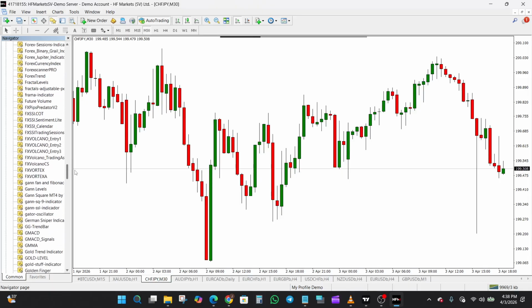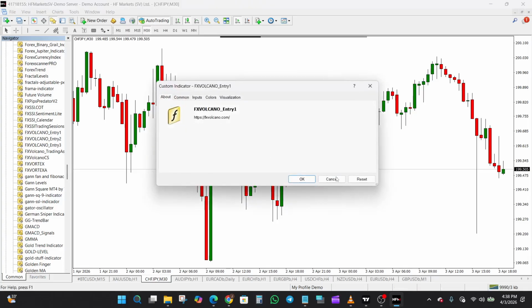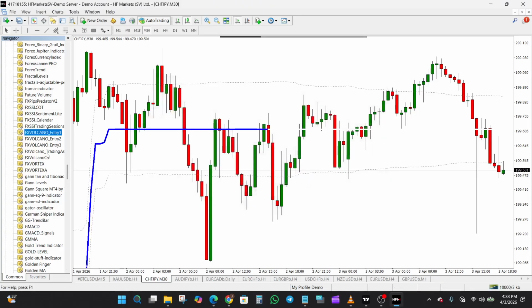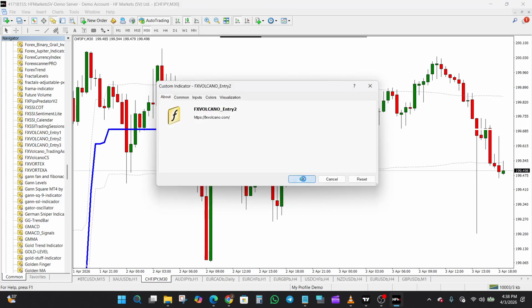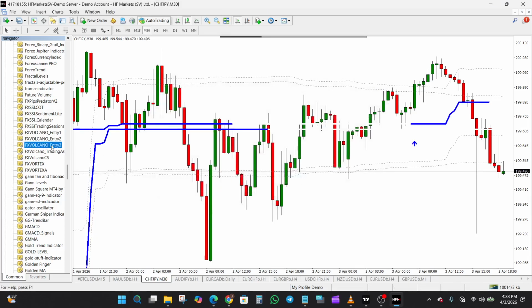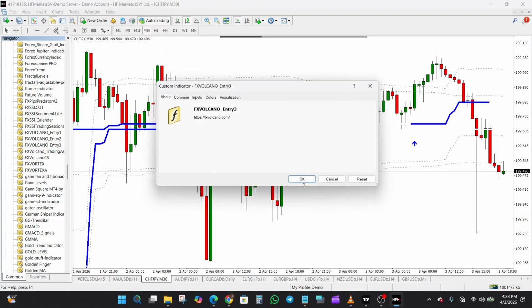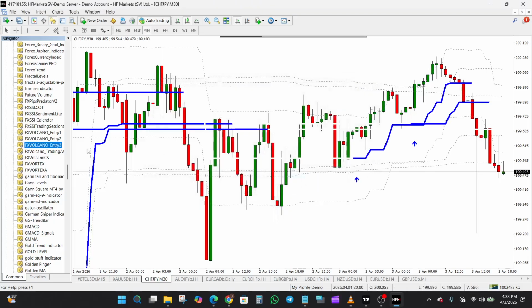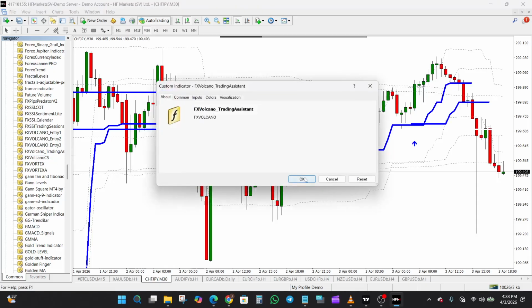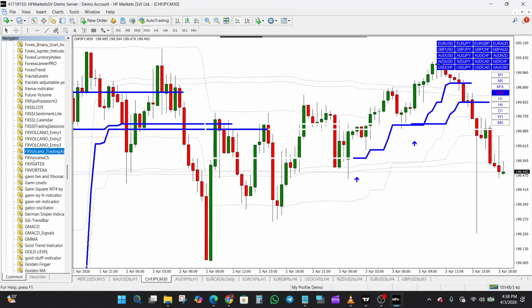There are several of them that start with FX Volcano. So we have the FX Volcano entry 1, FX Volcano entry 2, FX Volcano entry 3, and we also have FX Volcano Trading Assistant and FX Volcano CS.